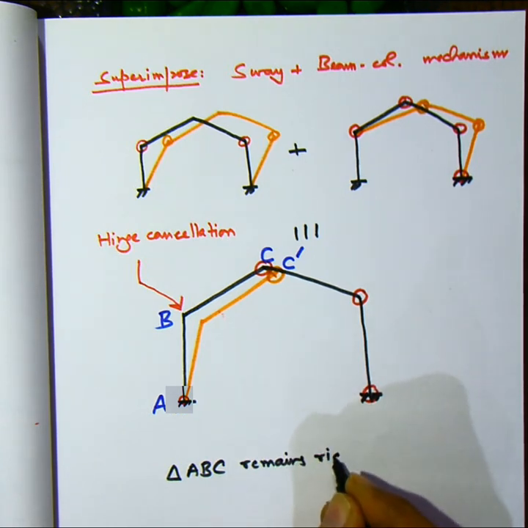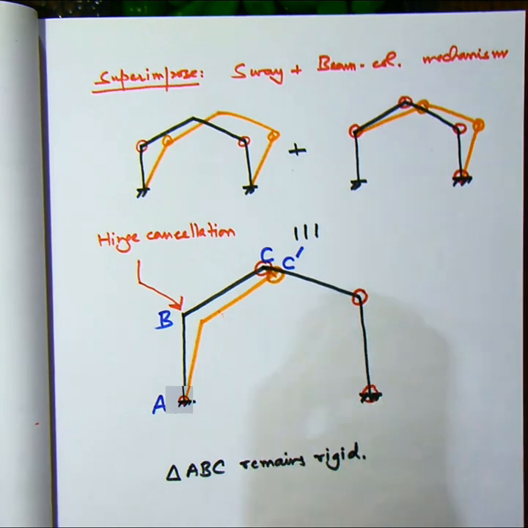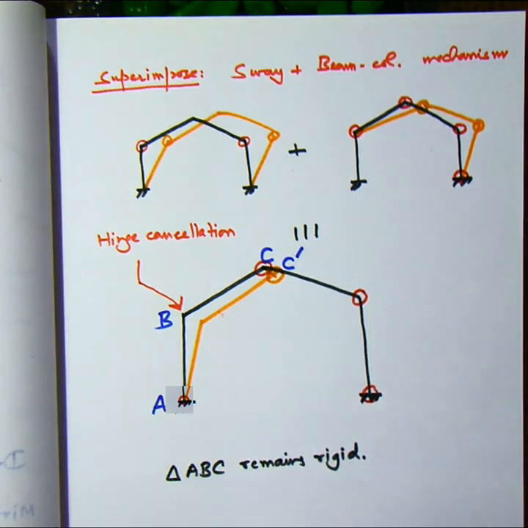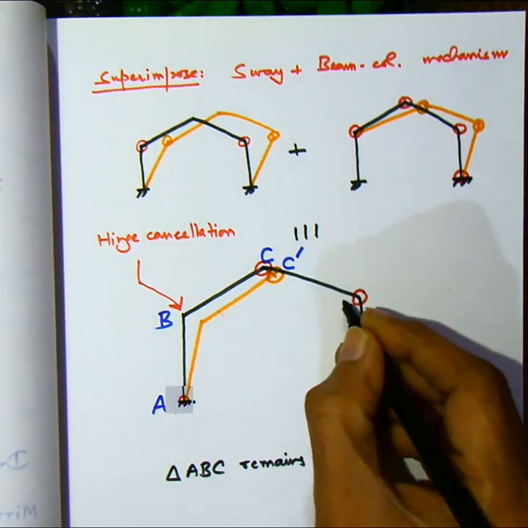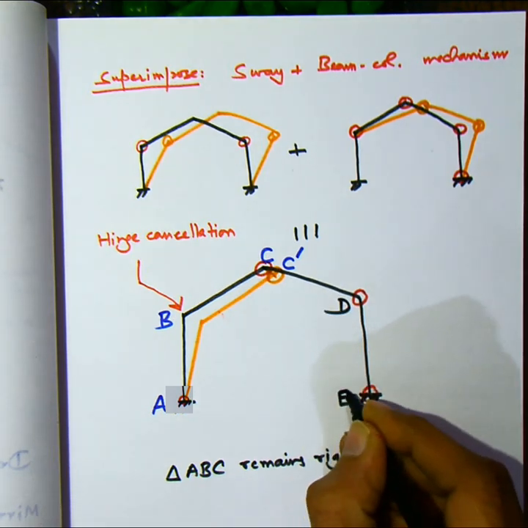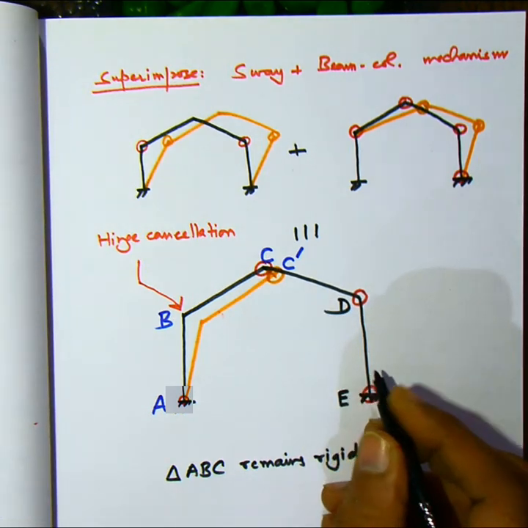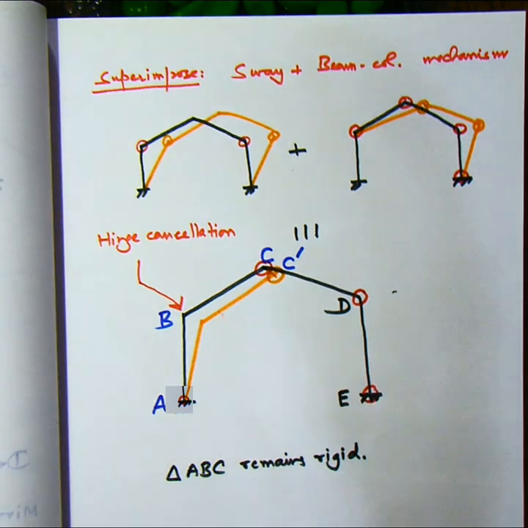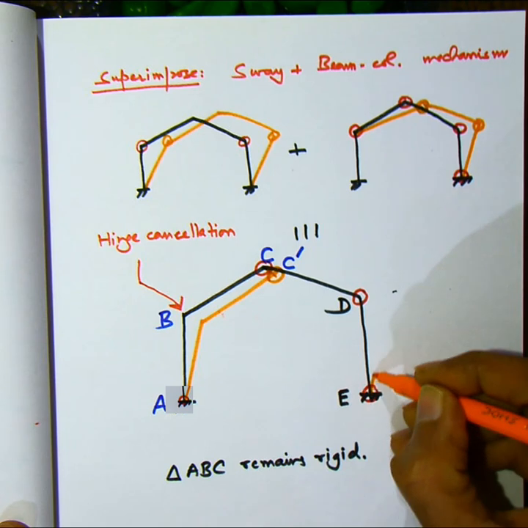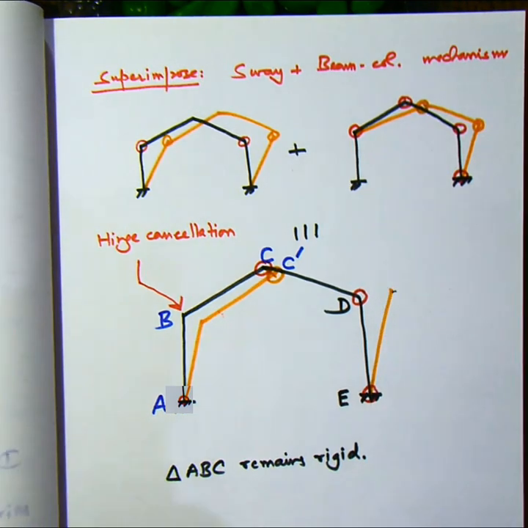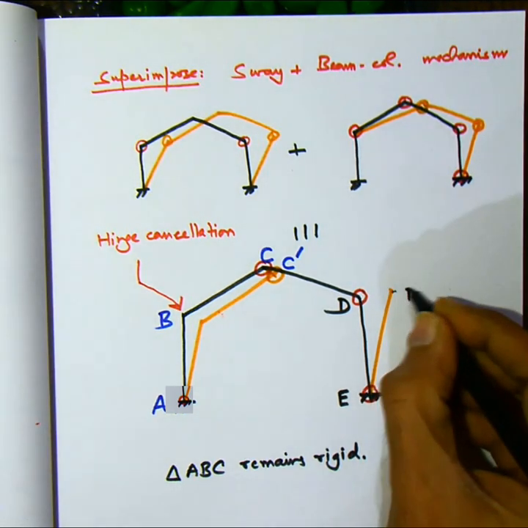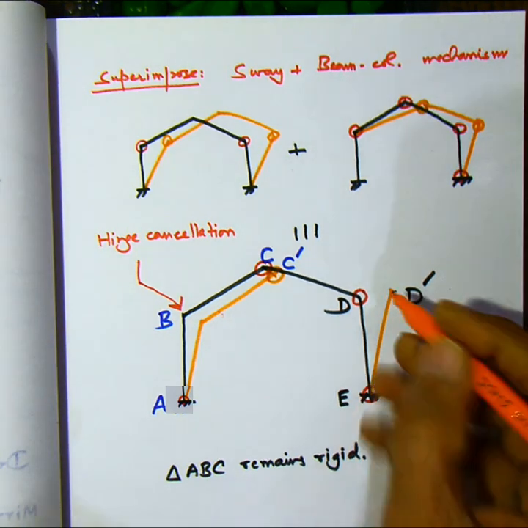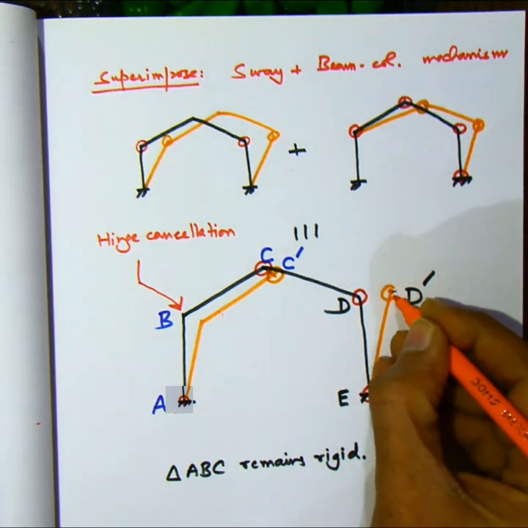So now this triangle ABC remains like a rigid body and it undergoes rotation about joint A. So now D also undergoes displacement.